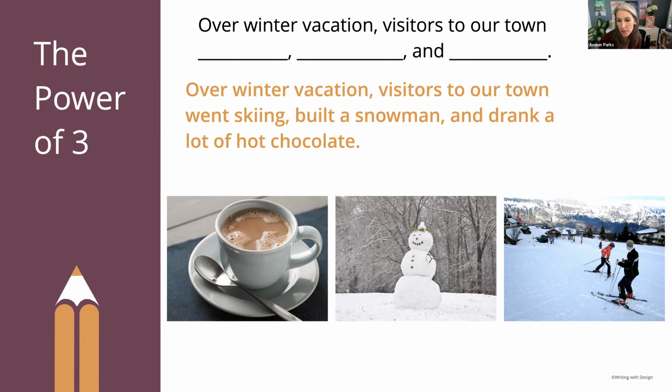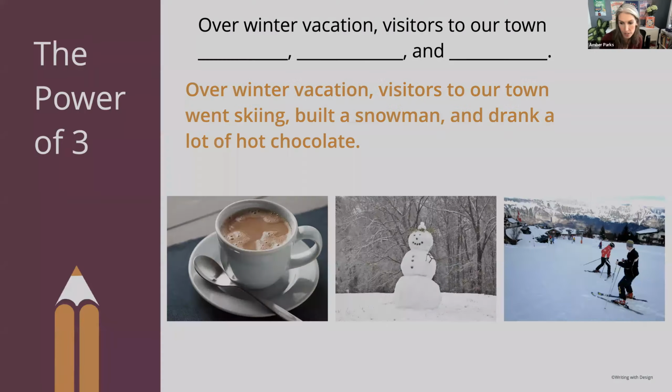So to wrap up, we've talked about 3 different strategies. You've looked at the sentence scramble. You've looked at the combining and rearranging phrases, and then also now the power of 3, to really have 3 different strategies.